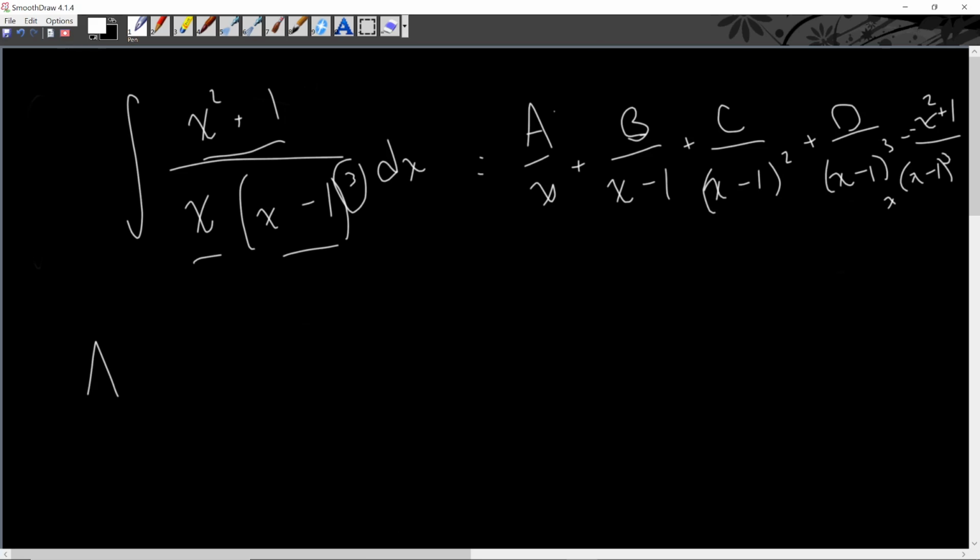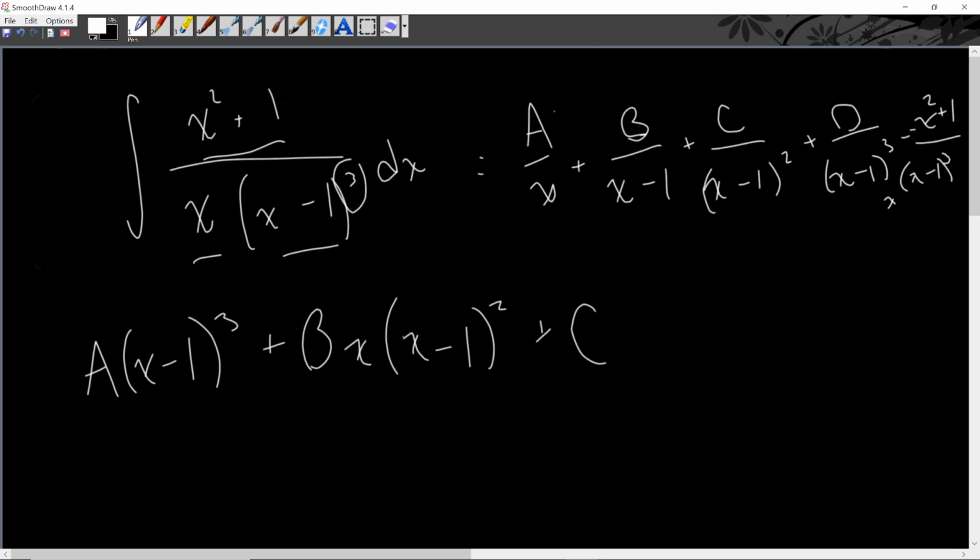Like, we'd have a times x minus 1 cubed plus b times x minus 1 squared plus c times x minus 1 plus d times x. I'm just trying to get all of these to be the same.